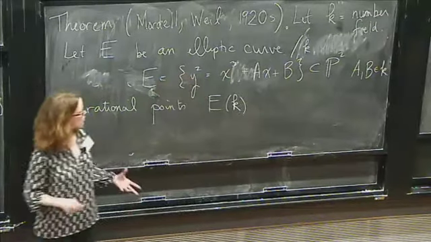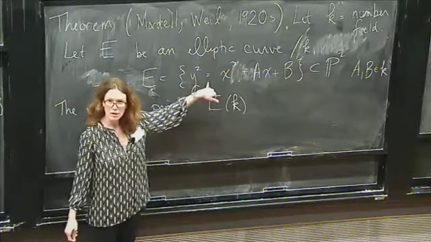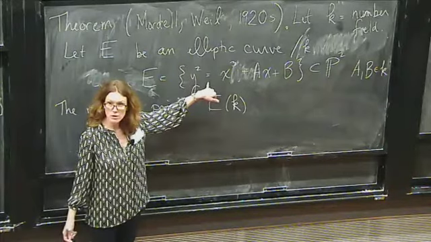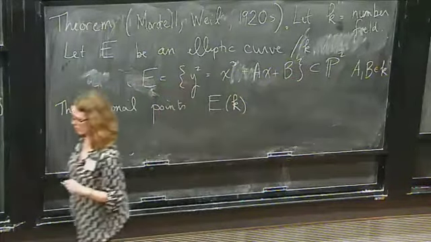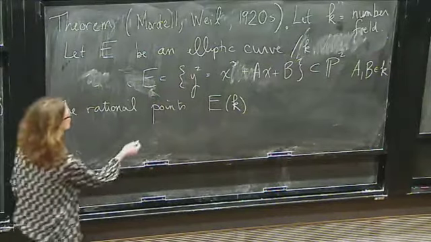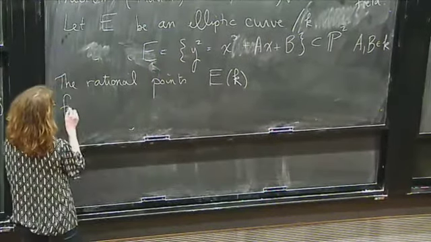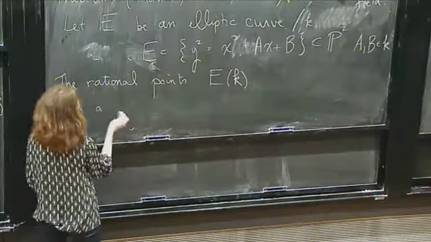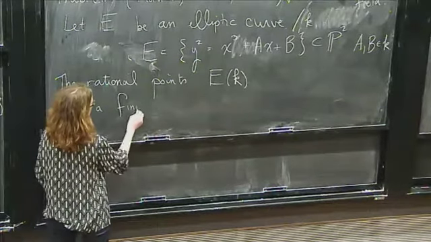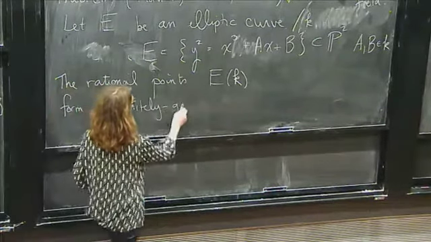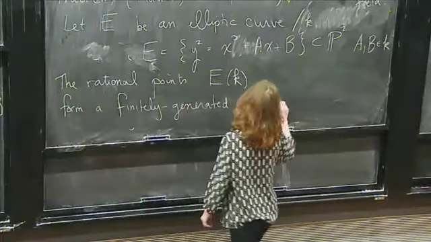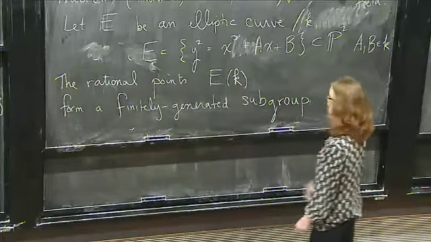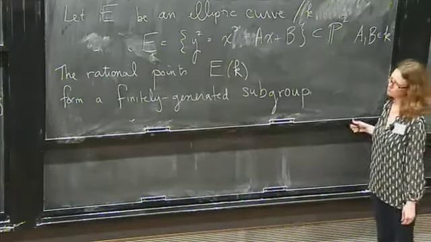So again, rational points just means the points x, y, whose entries are actually in the given field, so defined over the field K. So the rational points form a finitely generated subgroup. Okay. So that's the theorem.